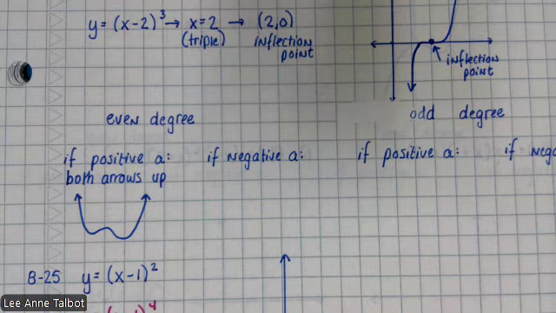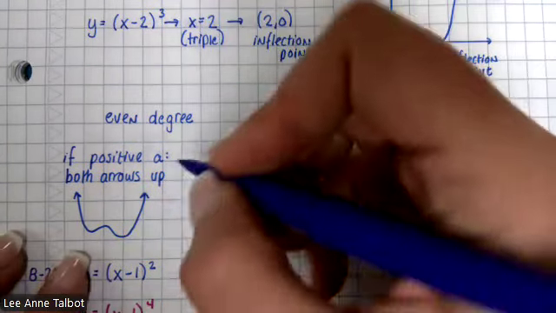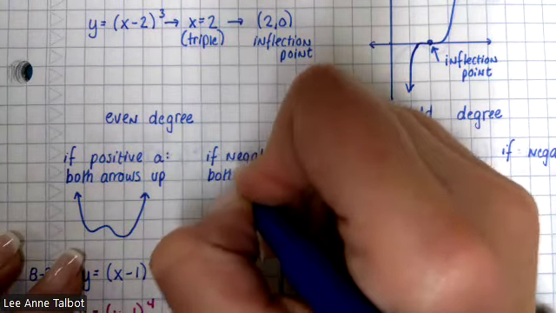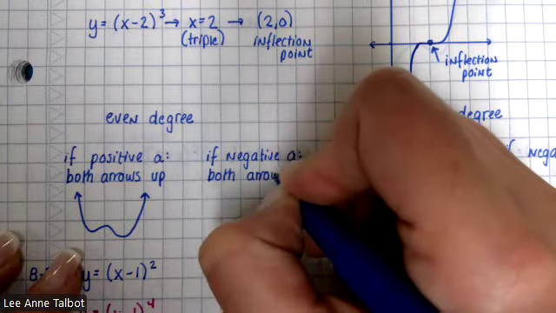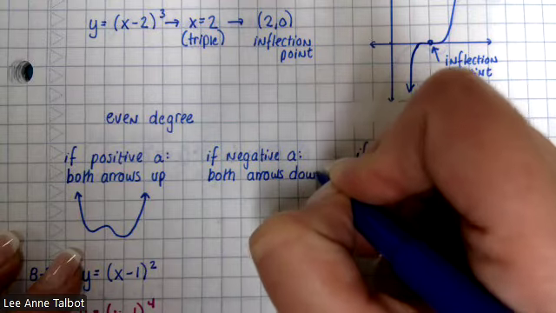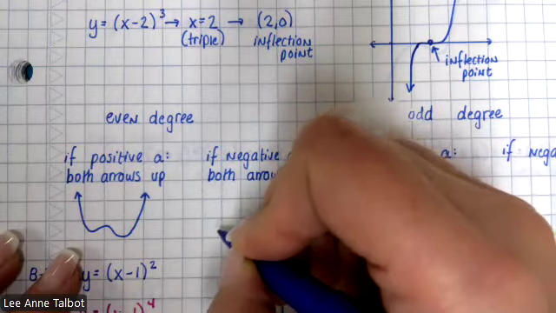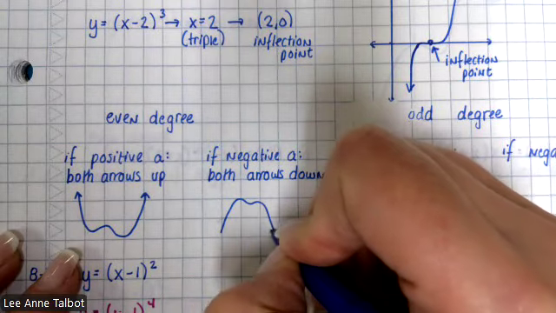Okay, mathematical powers of deduction. What do you think is going to happen if it has a negative A? What does it do when you have a negative A with a parabola? You got like a frowny, right? So something like that.